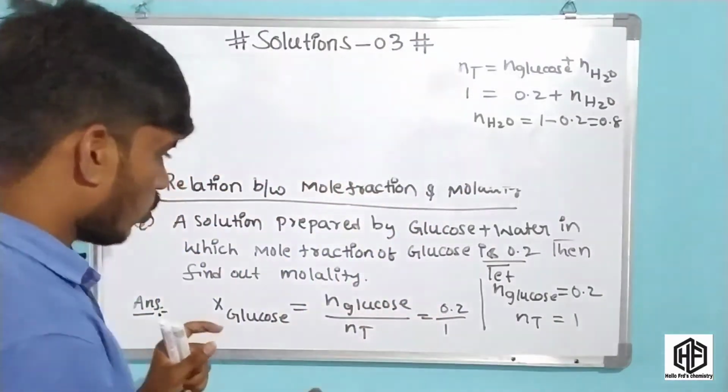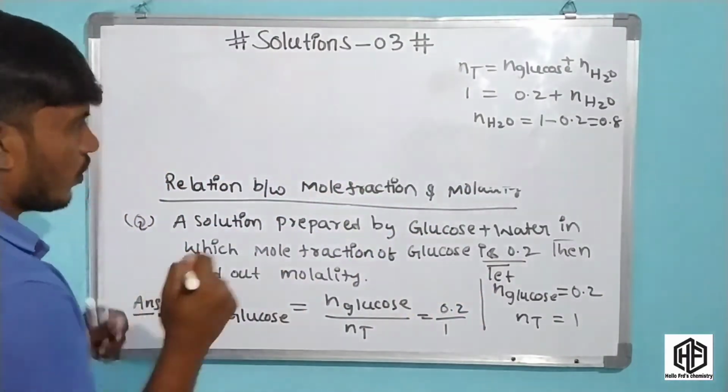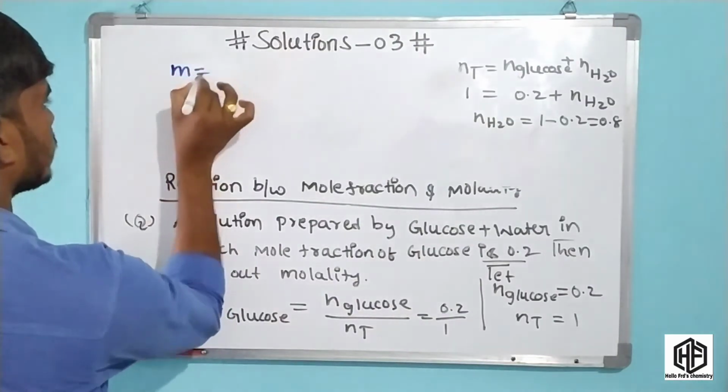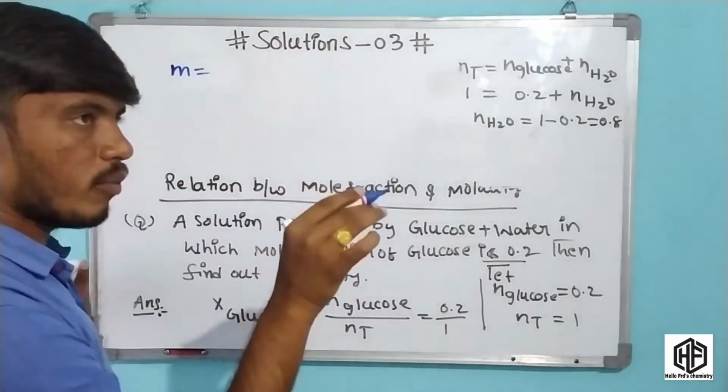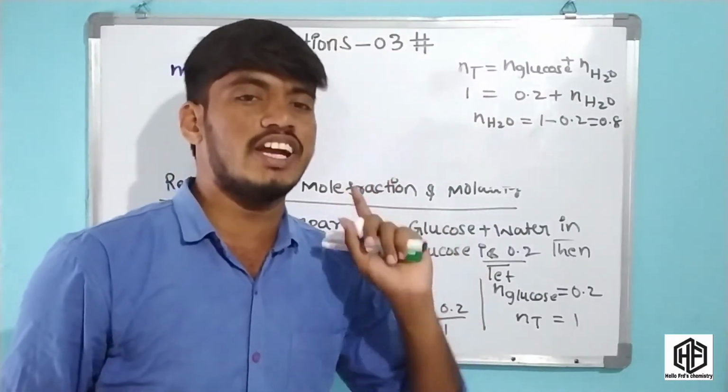Now we have to calculate the molality. The molality formula: molality is equal to the number of moles of solute per kg weight of solvent.